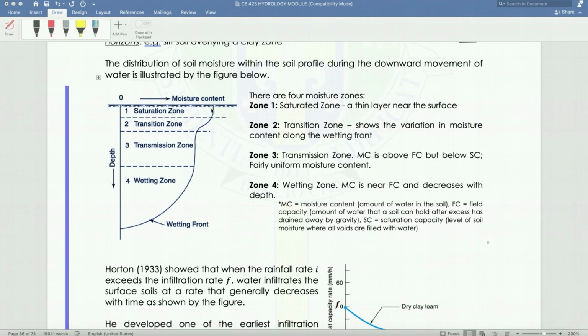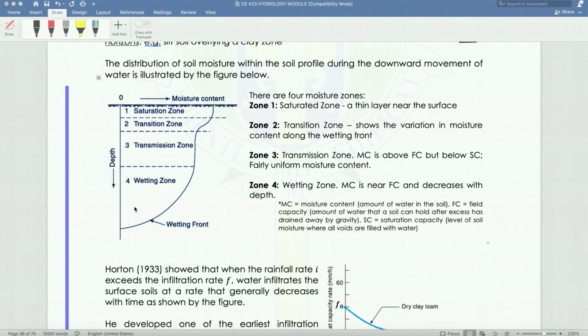Okay, so we said kanina na saturation zone would be the most easily saturated or easily infiltrated, because the layer here, zone 1, is loosely compacted material. So as we go deeper, mas nagiging well compacted na siya. So if the soil profile is loosely compacted material, then we have many voids. So marami tayong spaces.